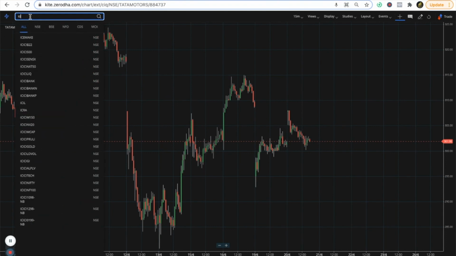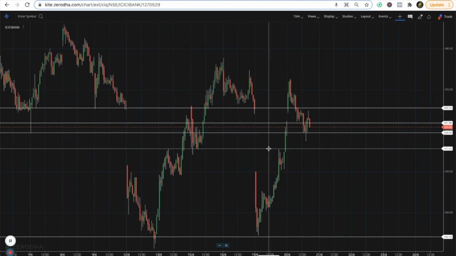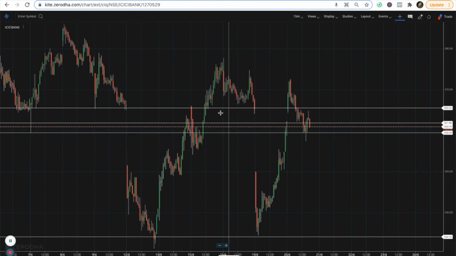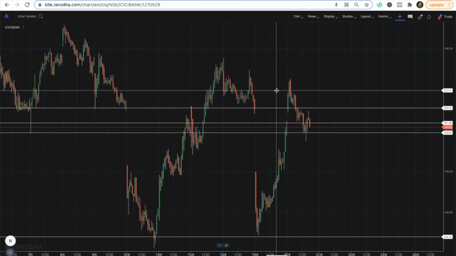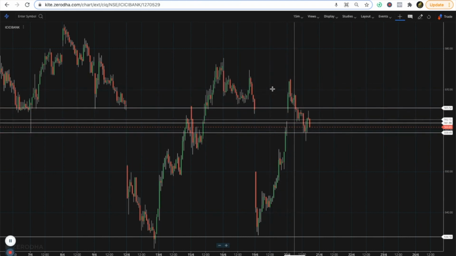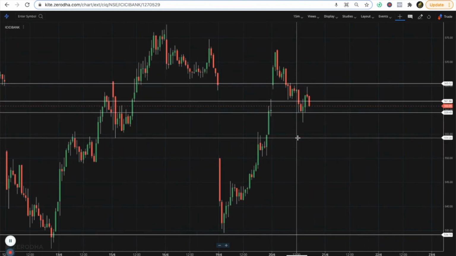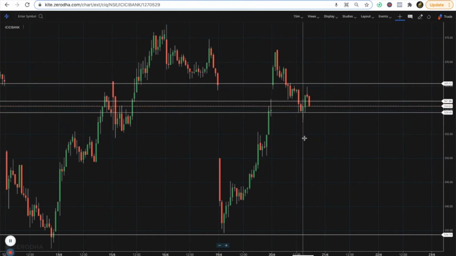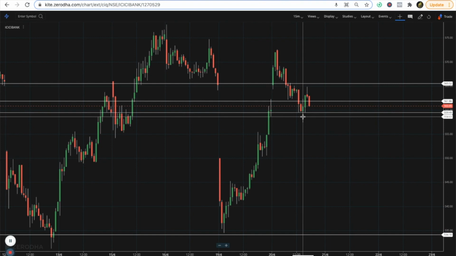That is the specific reason why we were keen on shorting ICICI Bank and not Tata Motors: the broader term trend was also bearish in the case of ICICI Bank as compared to Tata Motors. So we were keen on shorting this stock rather than Tata Motors.